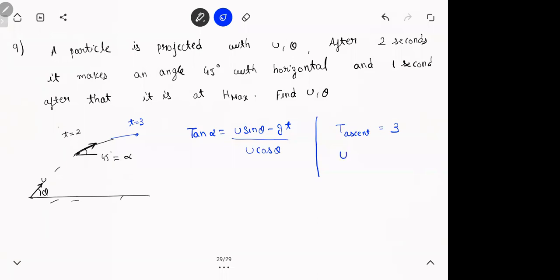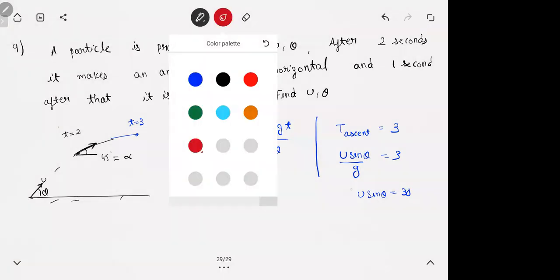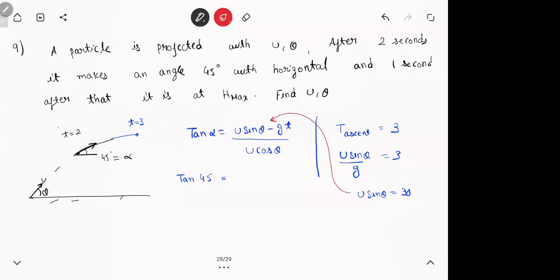What is the time of ascent formula? u sin theta by g. So from here, we get u sin theta is 30. What is tan alpha? That is tan 45. Take u sin theta from here and put it in this. That is 30. g is 10. Time is 2 seconds, by u cos theta.